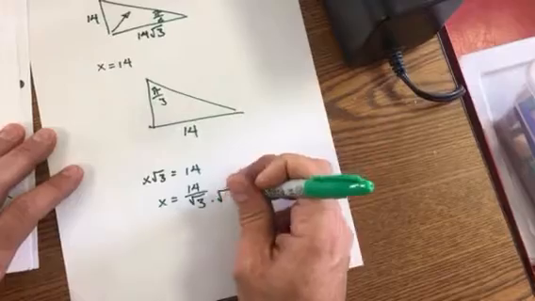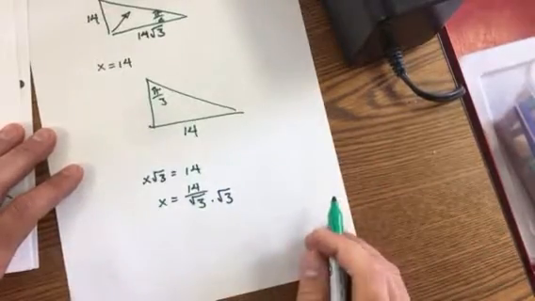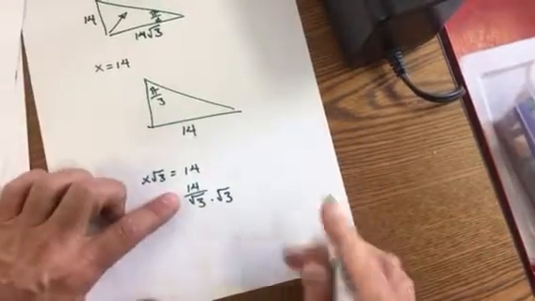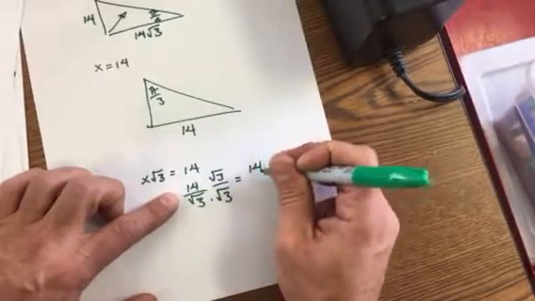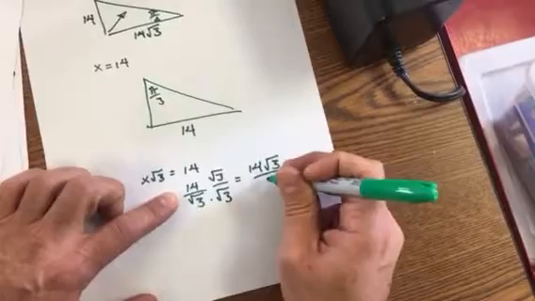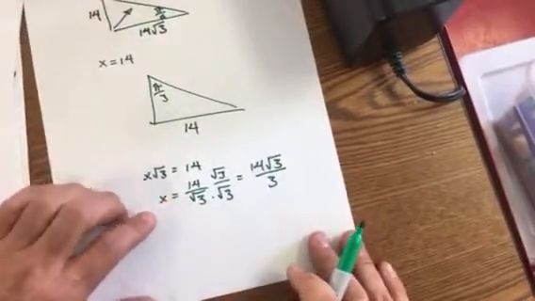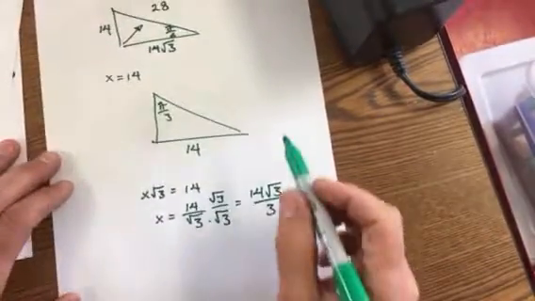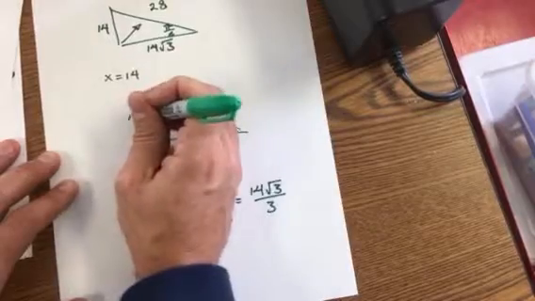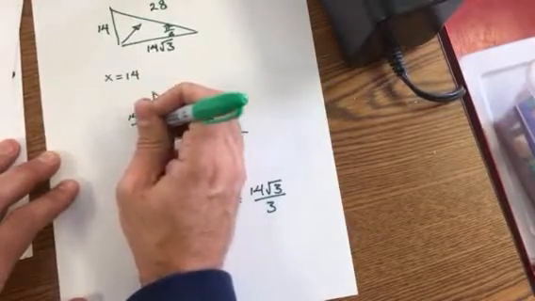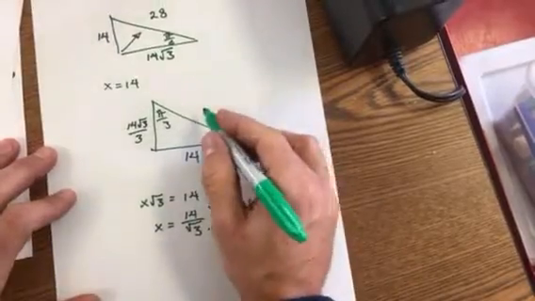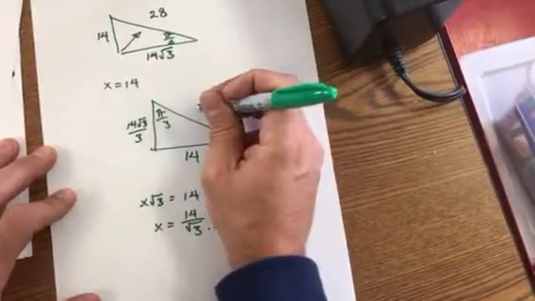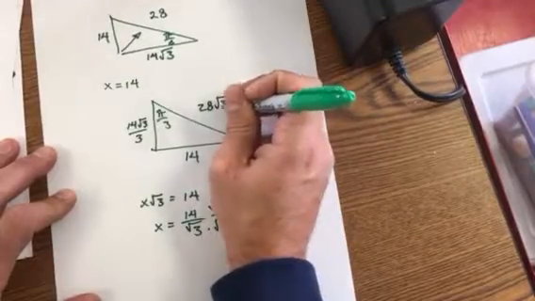The way I rationalize it is by multiplying by the square root of 3. And since this is an expression, I can only multiply by a variation of 1, so I have to do the same thing to the top and the bottom. So I get 14 square root of 3 over 3. So that's my x value. So this side over here is 14 square root of 3 over 3. And if I could simplify that, I would. And this side over here is 2 times as big as that, so it's 28 square root of 3 over 3.